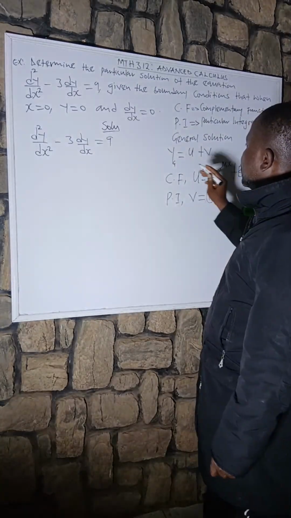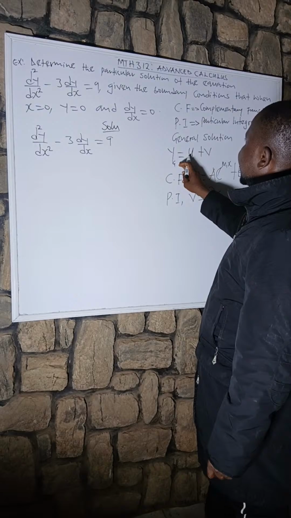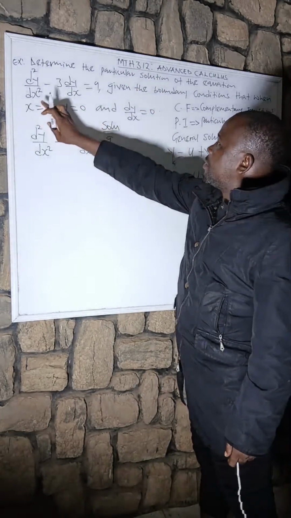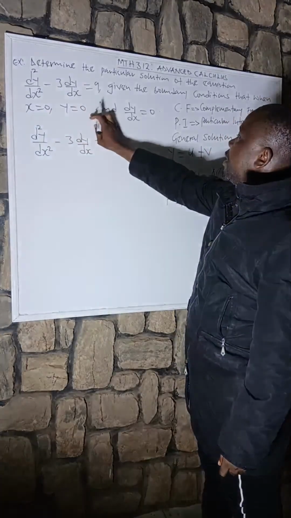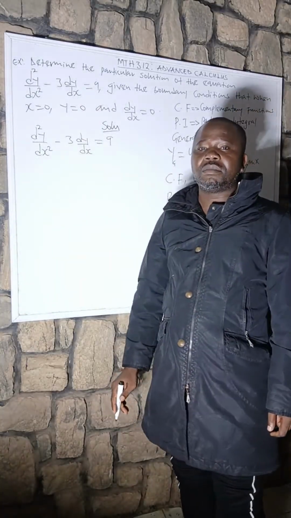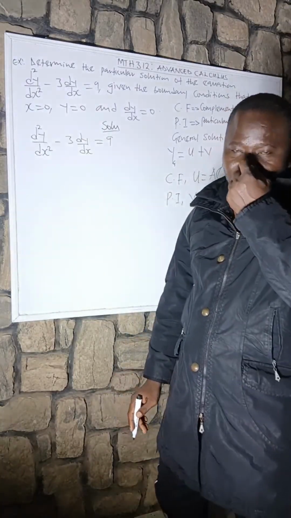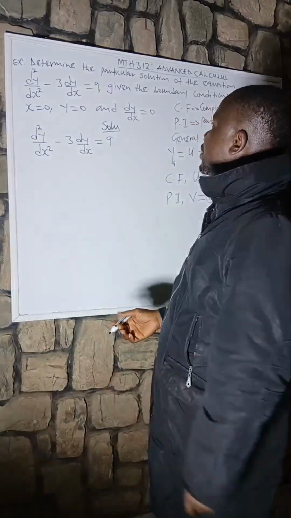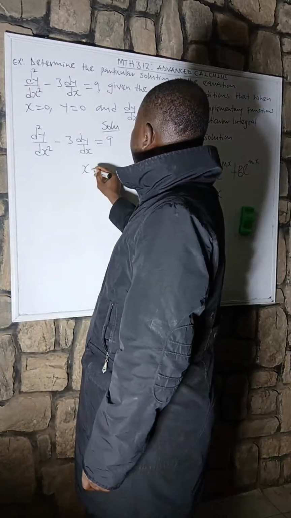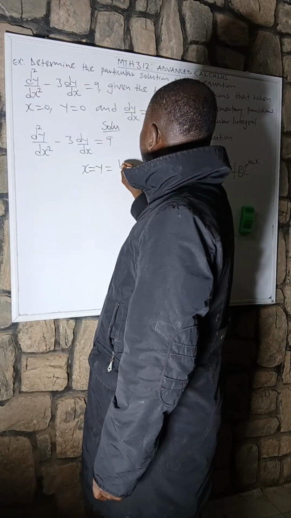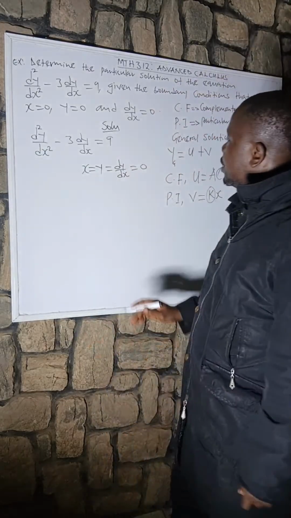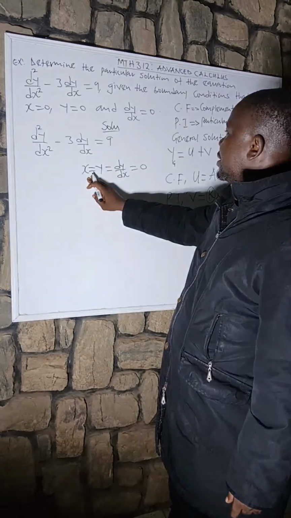Then we move to consider the particular solution using the boundary conditions: x equals 0, y equals 0, dy over dx equals 0. If they truly want to confuse you, sometimes they might just say x equals y equals dy over dx equals 0.